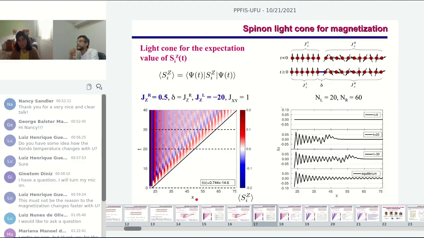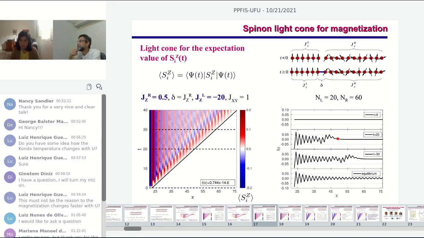I think it's better to do cuts at fixed time. So this time here and this other one, that's what we see on the right. So we see the profile for Sz as a function of x for fixed times. At t equal to 0, the magnetization was 0 because we were in a paramagnetic phase, but for finite time, we have these oscillations of the magnetization.